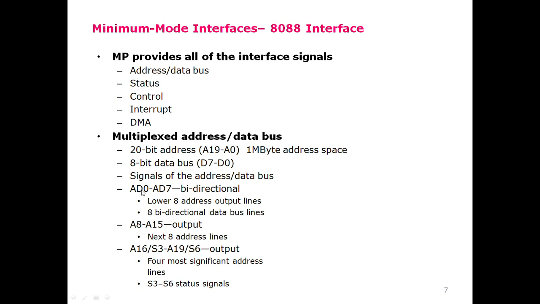So these pins are used to receive the data from the memory or the input and output devices, or they may also be used to send data to the input and output devices or to the memory. So they are connected to the bidirectional data bus, as well as used for sending the lower 8 bits of the 20-bit address.